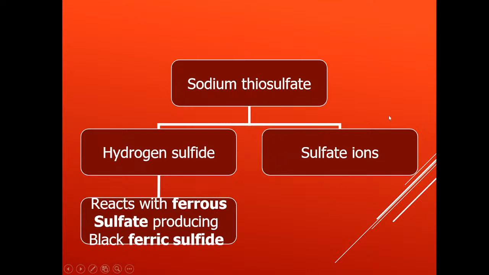The sulfate ions will be left out of the reaction, and the hydrogen sulfide molecules will then bind to the iron in the ferrous state produced by the microorganisms to produce ferric sulfide. That ferric sulfide is the black substance that you see in your culture medium.